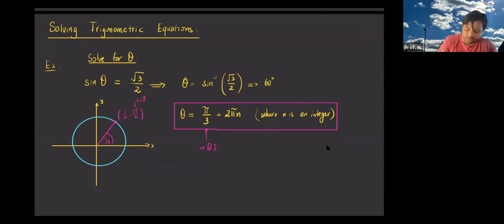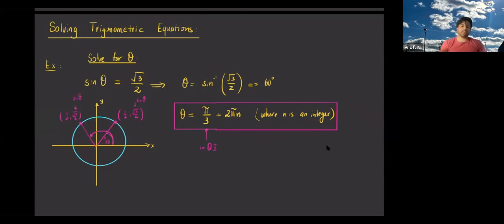Now, where else on this unit circle is the y coordinate rad 3 over 2? It's also going to be here, and in this case my coordinates are -1/2 comma rad 3 over 2. And this is sine. So how do I get this angle here? I want this angle now.